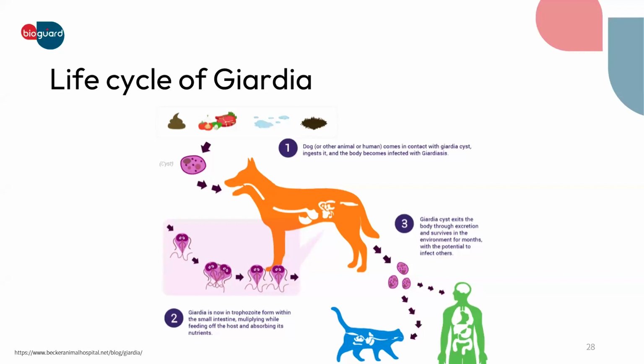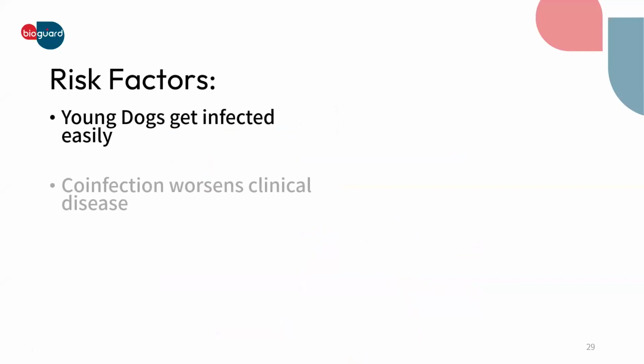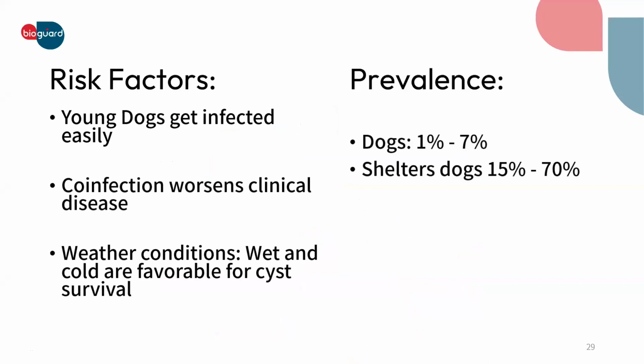So the prevalence of Giardia is very common in the environment because of the life cycle that it is doing, and as well as the survival rate is very high in the environment. Particularly when we talk about dogs, the risk factor is mostly seen in young dogs getting infected very easily, and usually in those dogs the clinical signs get worse.